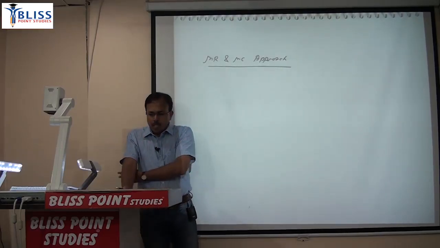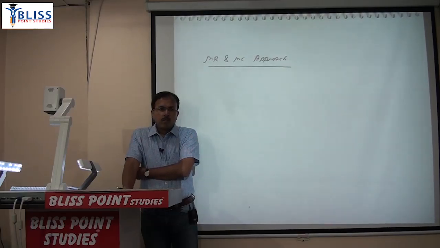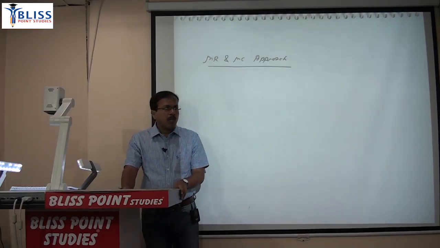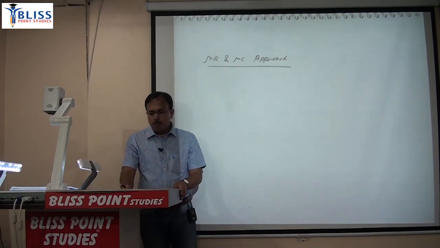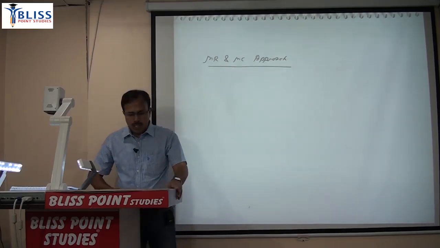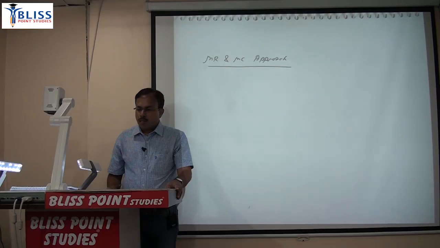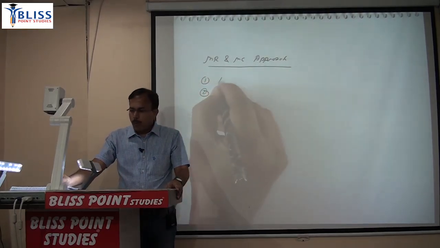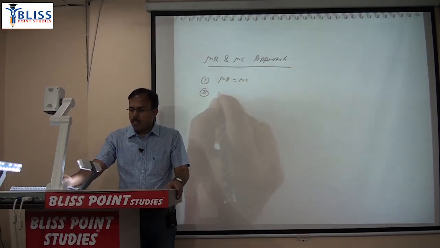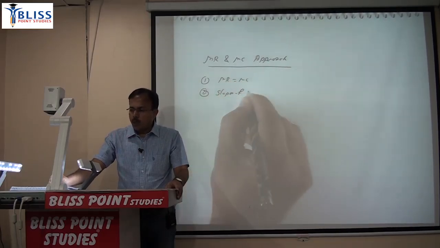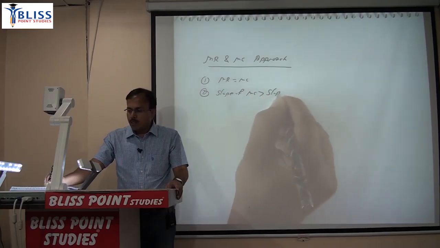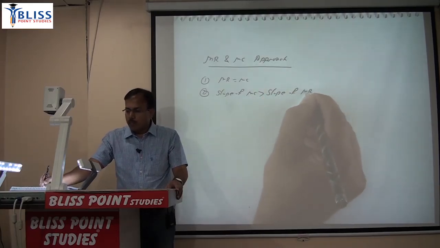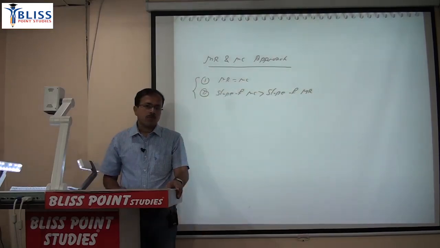The profit will be maximized when the following condition is satisfied. So what were the conditions? MR equal to MC, and second, slope of MC greater than slope of MR. Now don't derive it, just write those conditions.